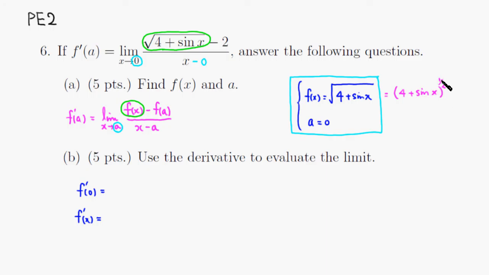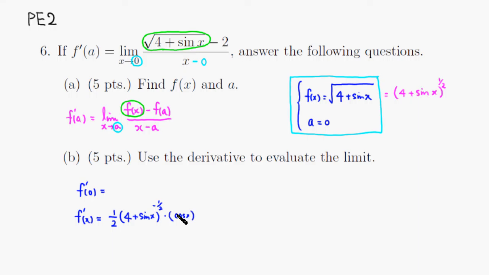The derivative: put the power in front, so 1/2 goes in front, and leave the inside function as it is, 4 plus sine of x. Then subtract 1 from the power, so it's negative 1/2 power. Then multiply by the derivative of the inside. The derivative of 4 is 0, so I'm not going to write anything there, and the derivative of sine is cosine.